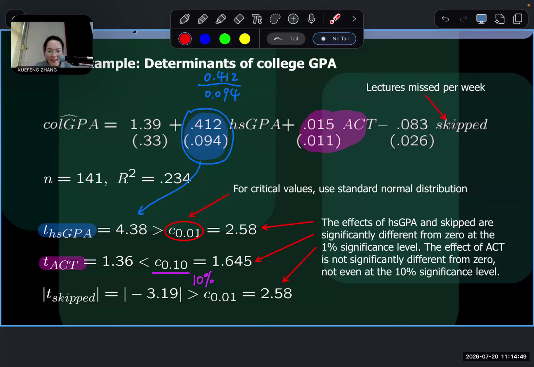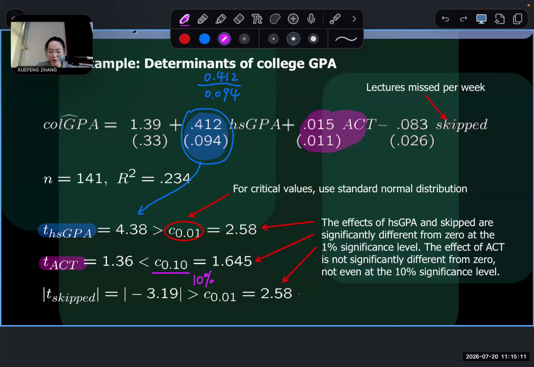Which means we can reject our H0, right? Skipping lectures significantly affects GPA. Okay, let me repeat. Skipping lectures significantly affects your GPA at 1%. Okay, be careful about this.